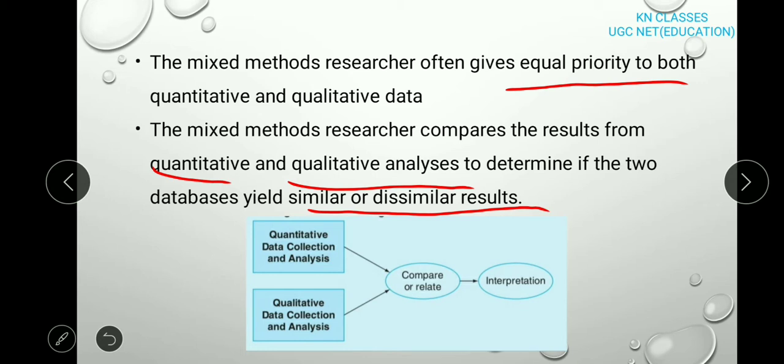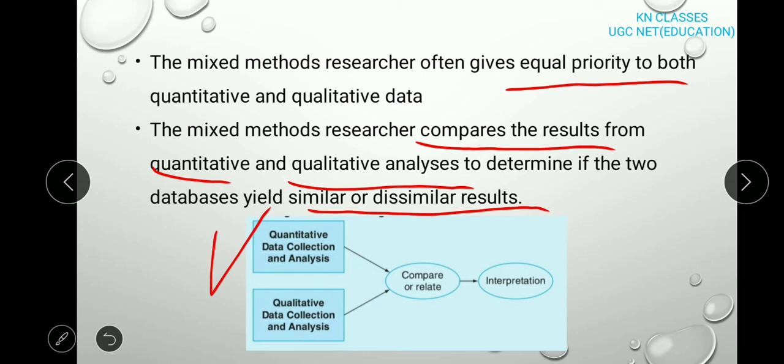In this type of mixed method research design, the researcher compares the results coming from the quantitative and qualitative analysis to determine whether the data give similar or dissimilar results. Now see this diagram.